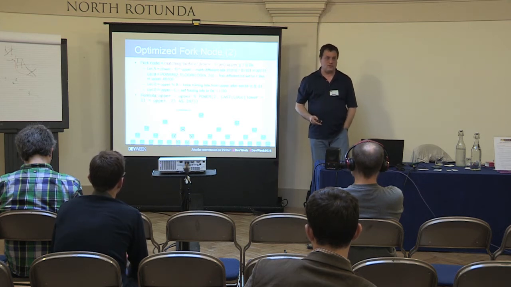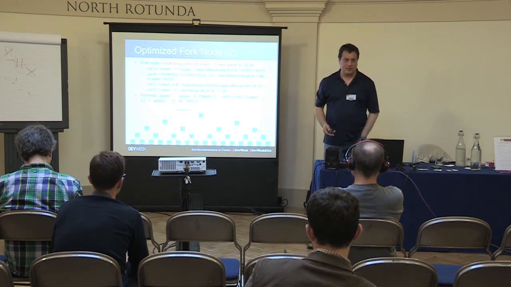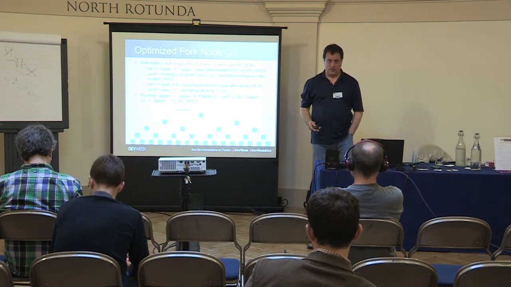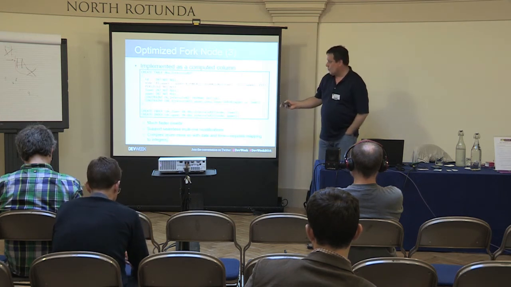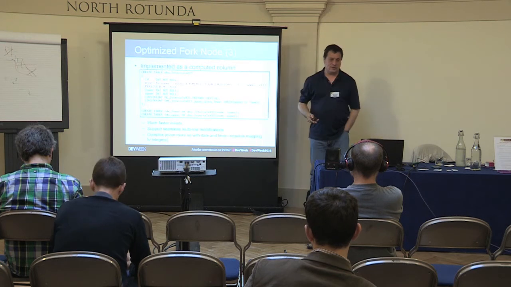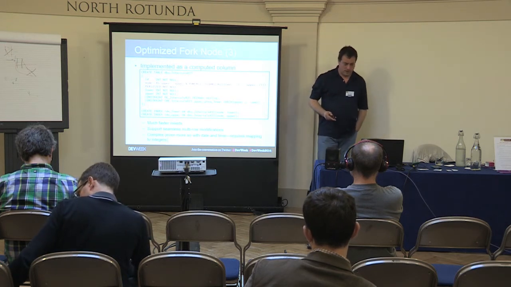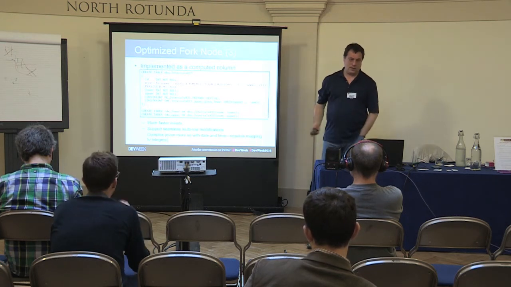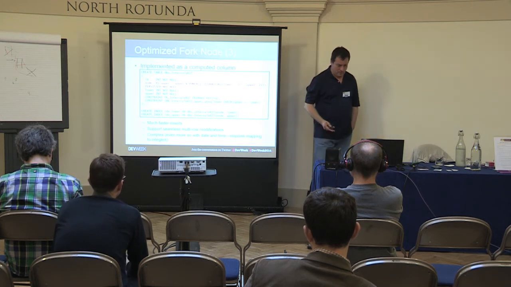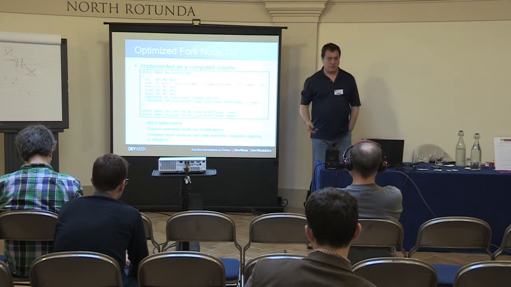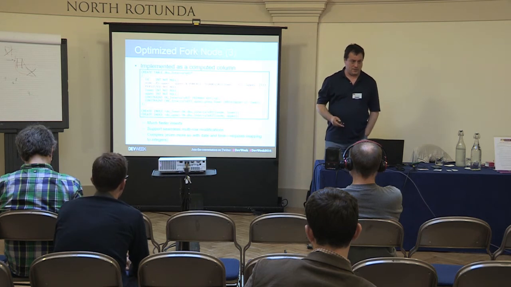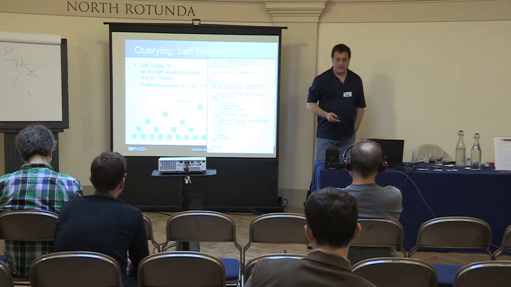This fork is just a computed column, which is calculated immediately when you insert or update a row, and you get the fork node. So inserts and updates are fast, no problem. However, yes, the solution might be complex, especially if you want to use dates, but we already know that we can use integers. So this is nice.